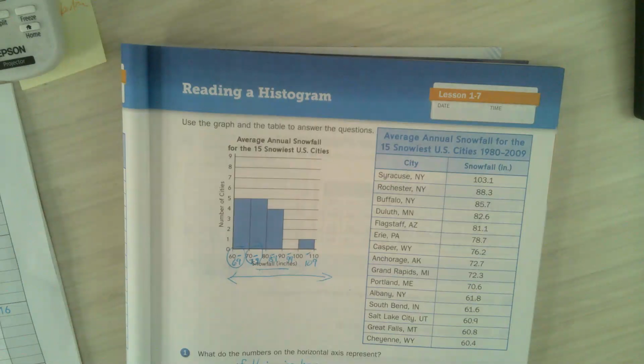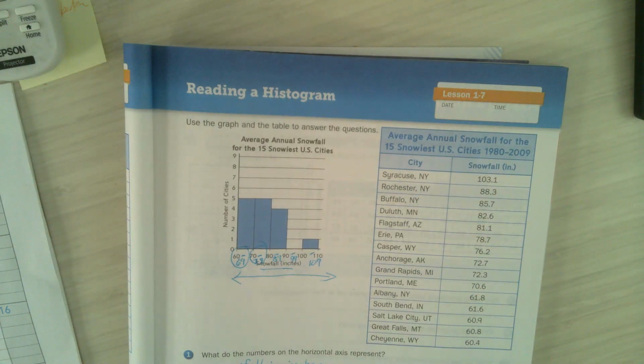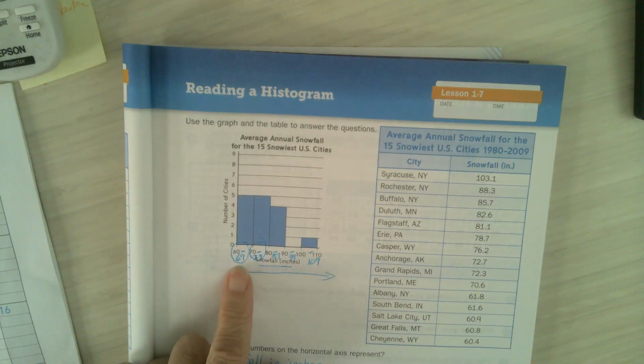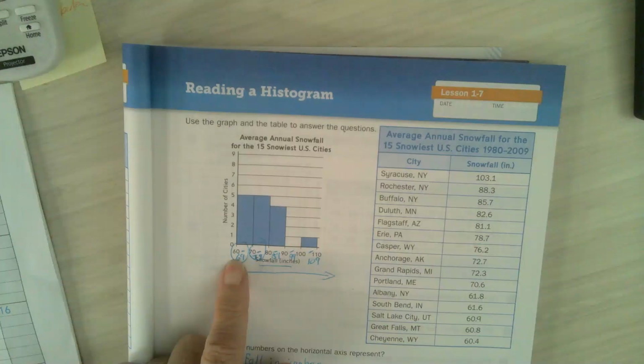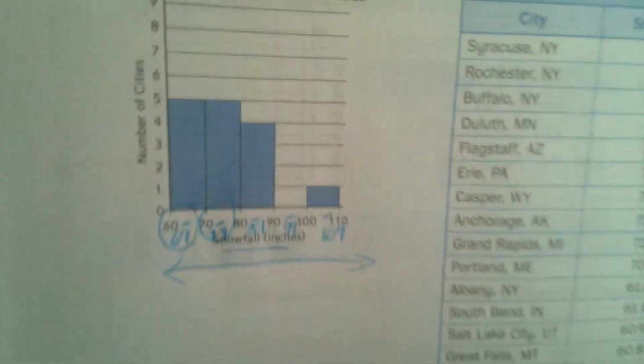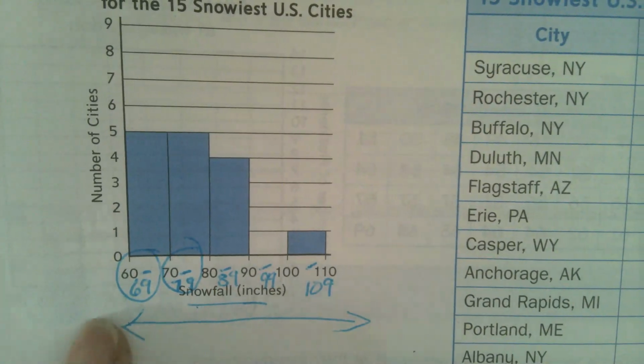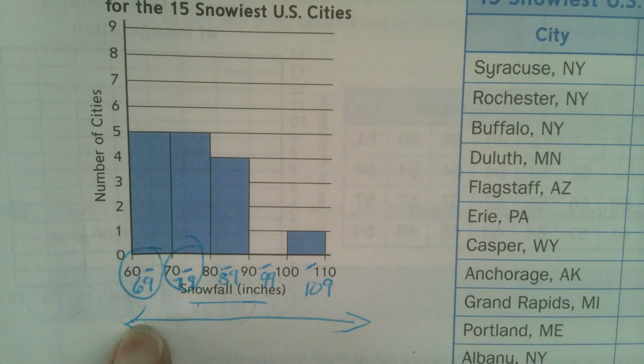All right. In their histogram, they didn't do their bins or their intervals. Okay, so in the first one, put a dash 69. So the first interval goes to 69. Okay, see how I added a dash? So the first bin is going to be 60 to 69.